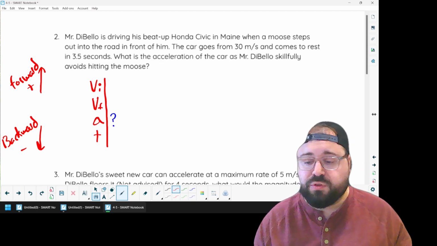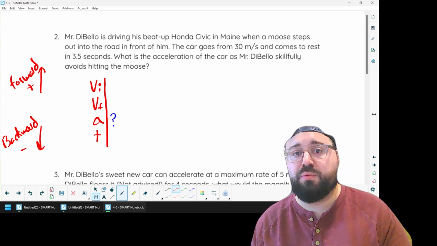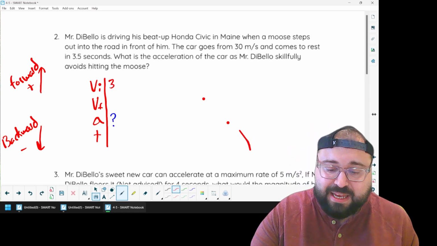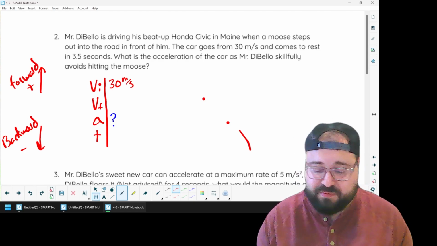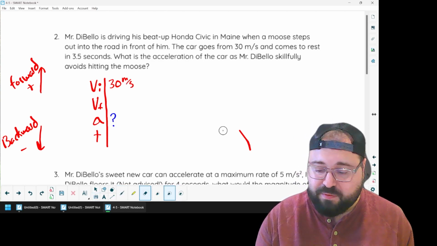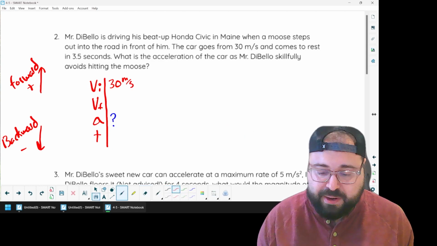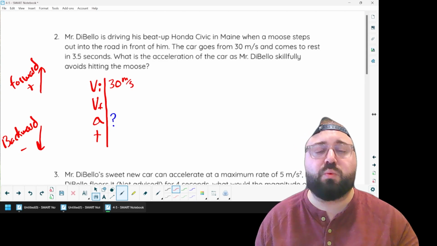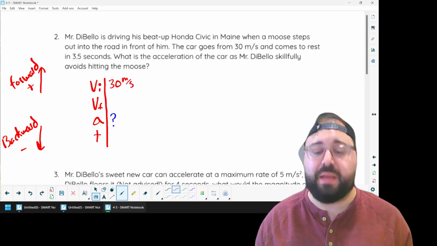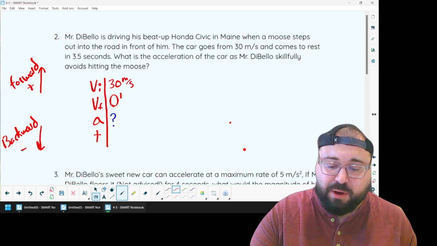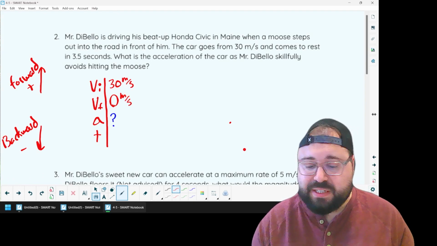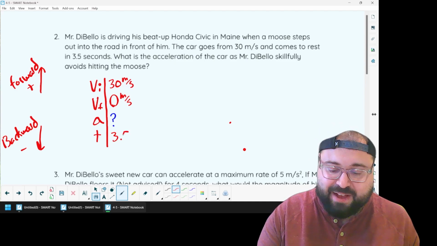Mr. DeVello goes from 30 meters per second to rest. So my initial velocity is 30 meters per second, and that's going to be positive because we are moving forward. Then my final velocity is at rest. That's a word we're going to see a lot in physics this year. And at rest means we are at 0 meters per second. And all of this happens in 3.5 seconds.